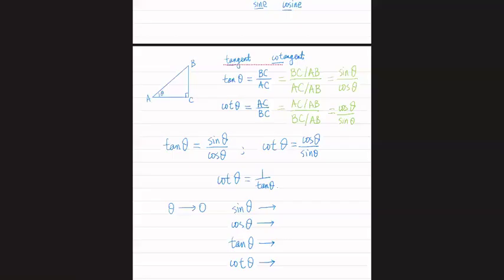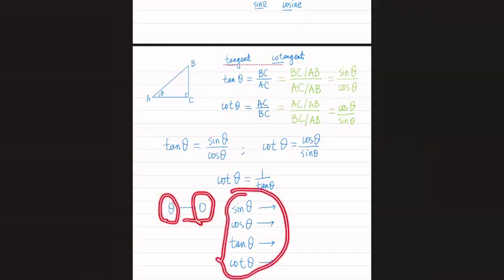Think about this. When theta approaches 0, what happens to these four functions?